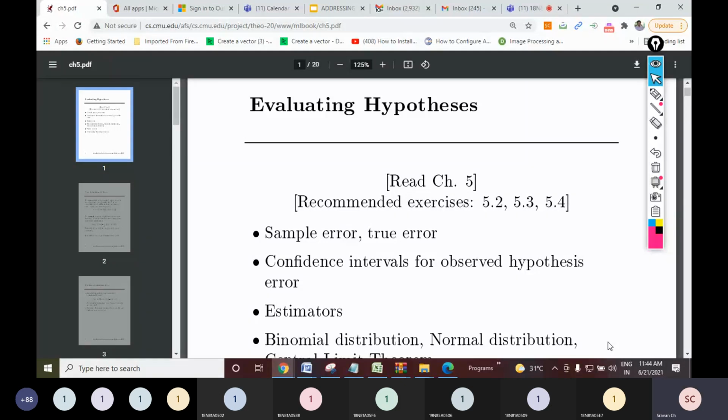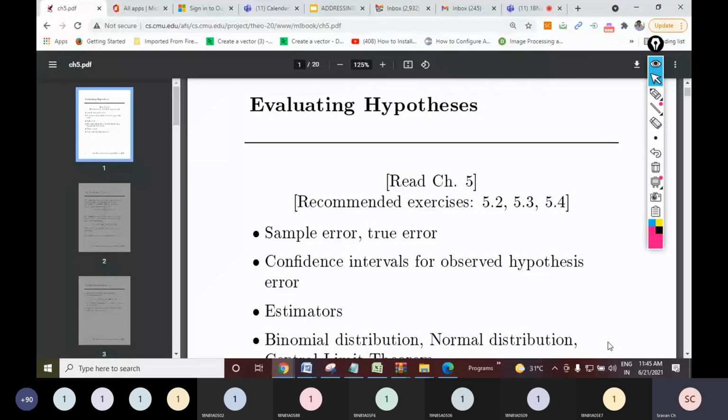Now I need to evaluate whether H1 will give me minimum errors or H2 will give me minimum errors, so that I can finally pick either H1 or H2. This process of evaluating the hypotheses and finding the most appropriate, most accurate hypothesis is called evaluating hypothesis. I hope you understood the meaning of evaluating hypothesis.